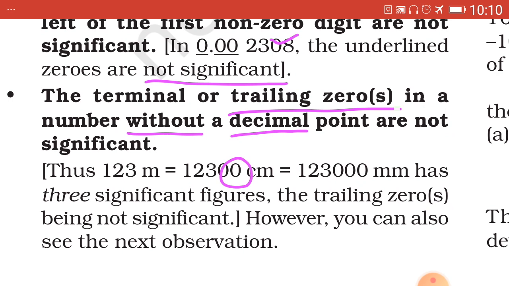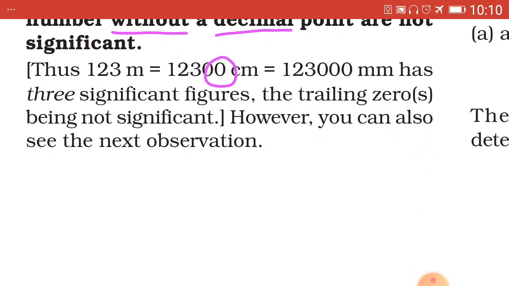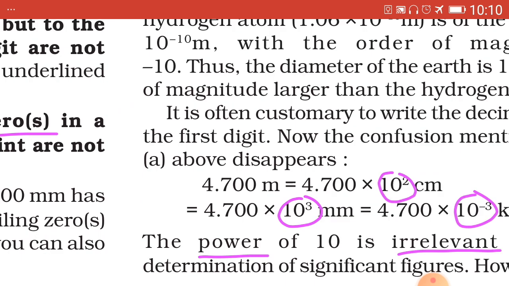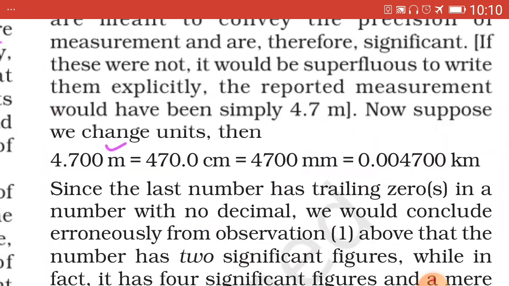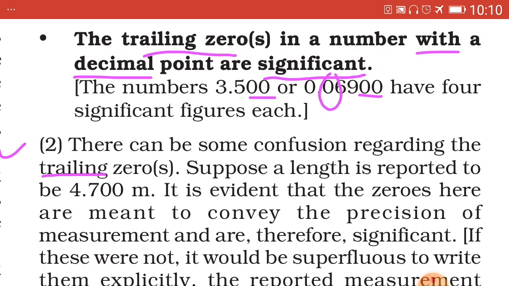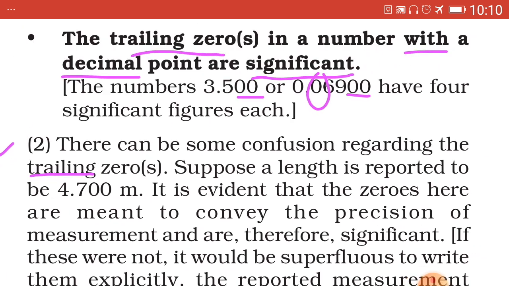Next rule: the trailing zeros in a number with a decimal point are significant. Previously we considered trailing zeros without a decimal point.